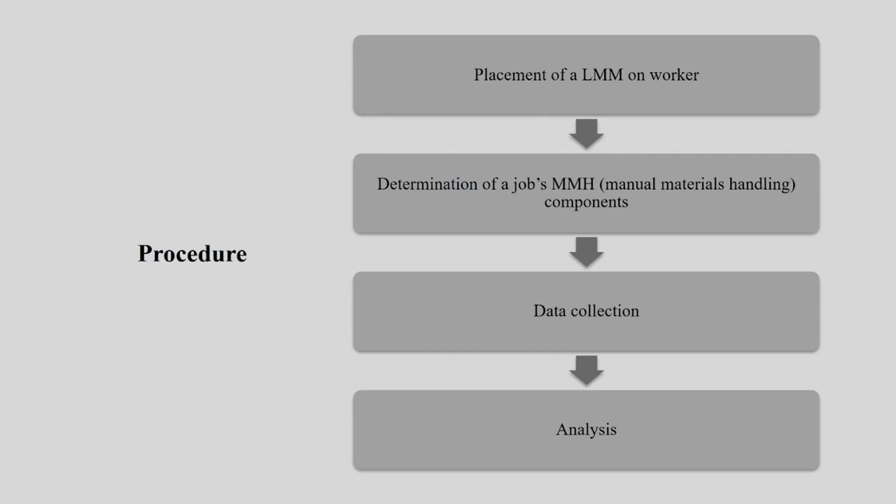So, the procedure: first you have to place the LMM on that particular worker. You have to determine a particular job which you are going to analyze, this manual material handling component. You have to start the data collection. Once data is being collected, you have to analyze it. Now, analysis is mostly done by the software. However, based on your objective, you can choose which component to take.